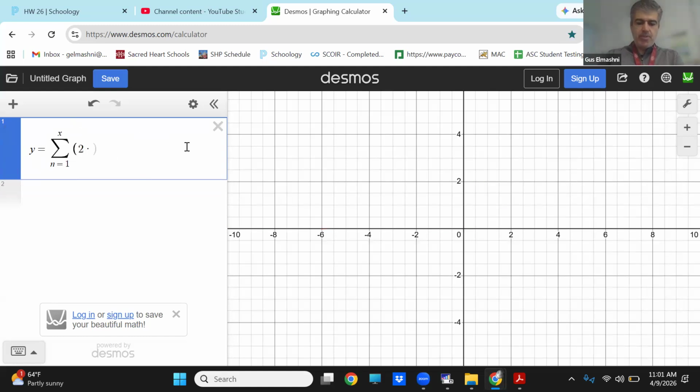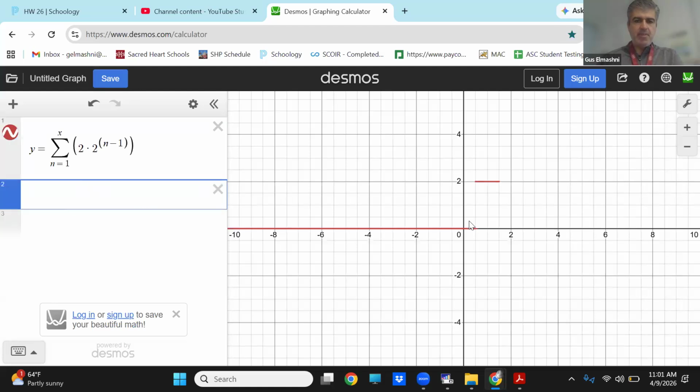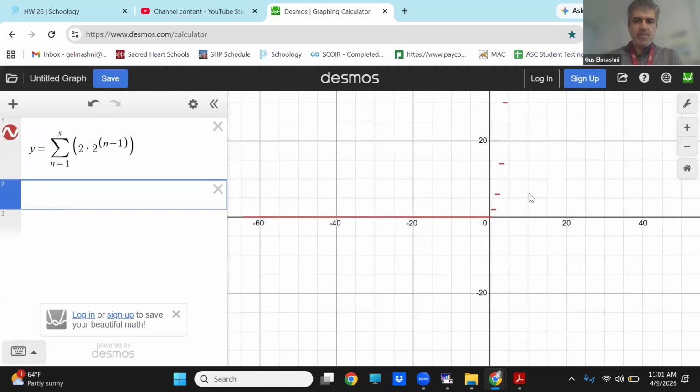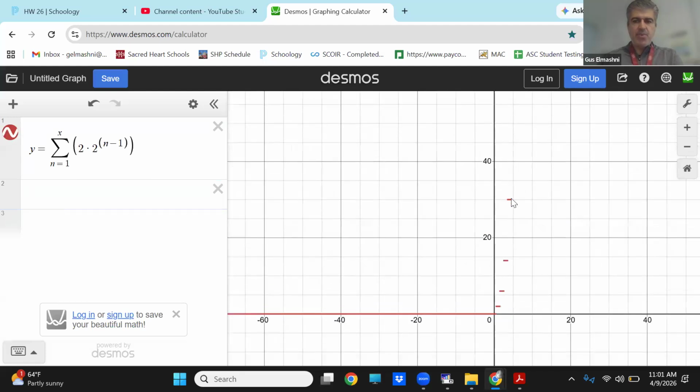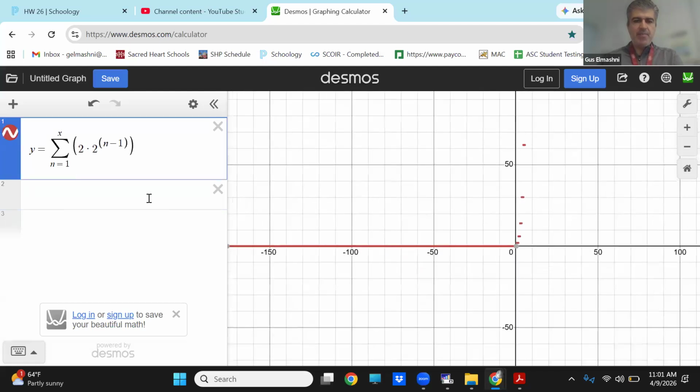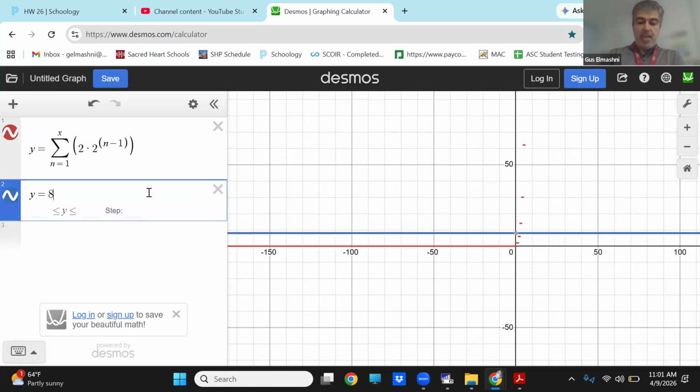And my common ratio was 2 again, raised to n minus 1. You can see it's all these discrete values, right? And I want that to intersect with 8,388,606.